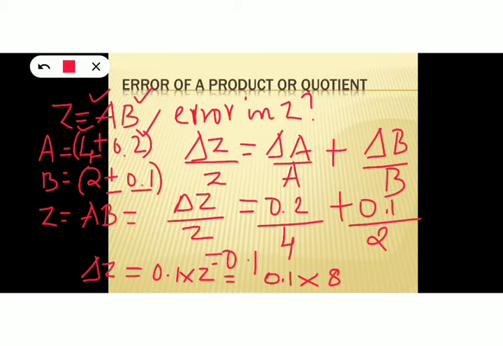So delta Z is 0.1 into 8, that is 0.8. This is the error in Z. So in the case of a product, we need to find the relative error, and the relative error in the final result is the sum of relative errors of the individual values.